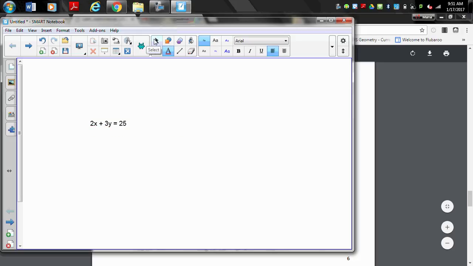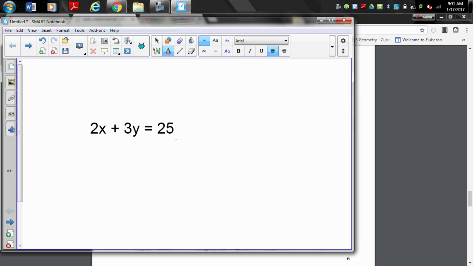First thing you have to do is take your equation. You have to have your x and your y on the same side of the equal sign.